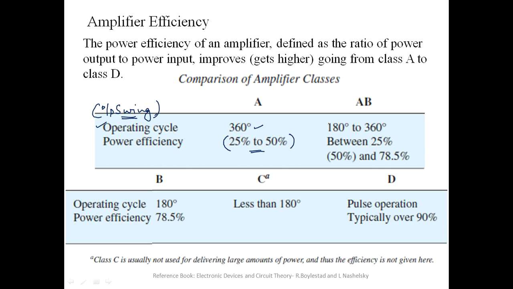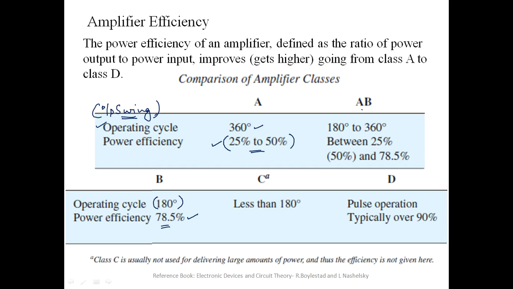Then class B, the operating cycle is 180 degrees, efficiency is 78.5%. In terms of power efficiency, class B amplifiers are better when compared to class A amplifiers.